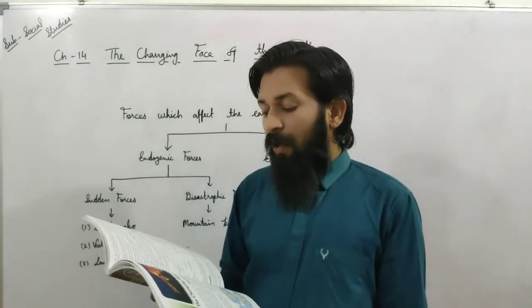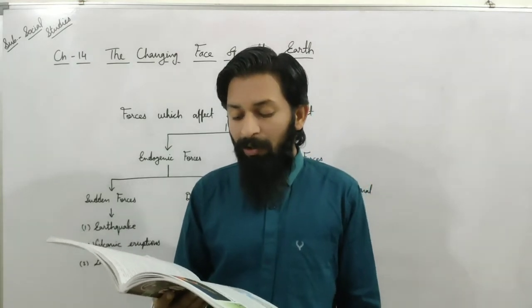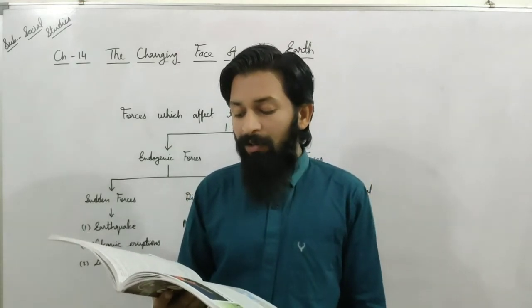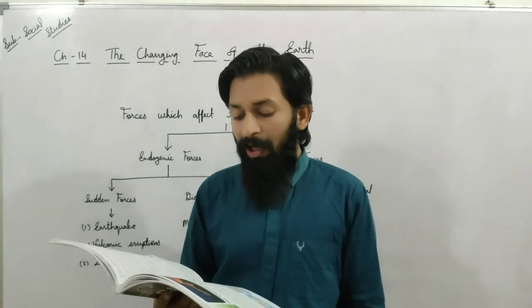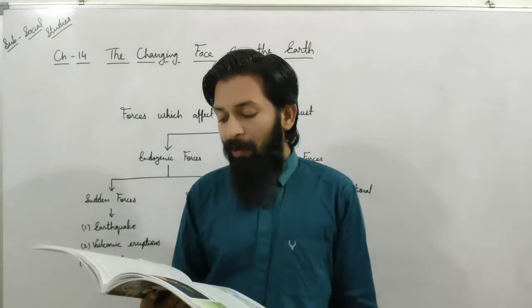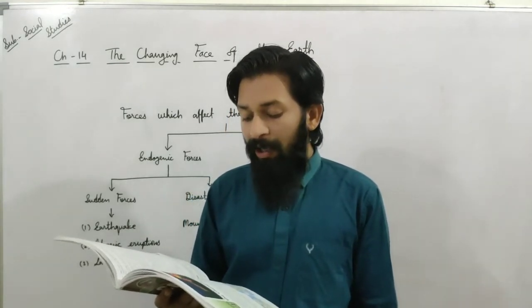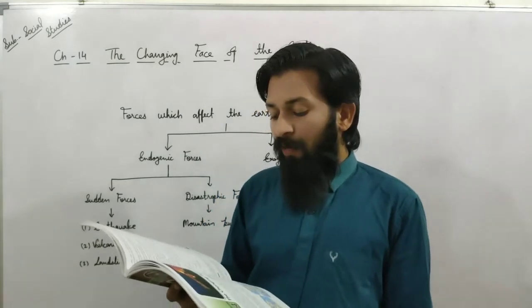This is the theory of continental drift. Alfred Wegener proposed that millions of years ago, all land masses were joined together into a supercontinent called Pangaea. He suggested that Pangaea broke and there was a horizontal displacement of the continents. This is called Wegener's theory of continental drift.